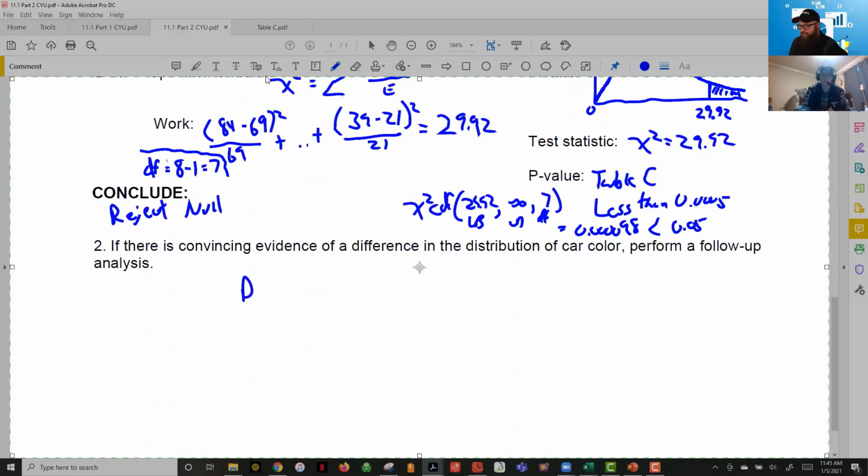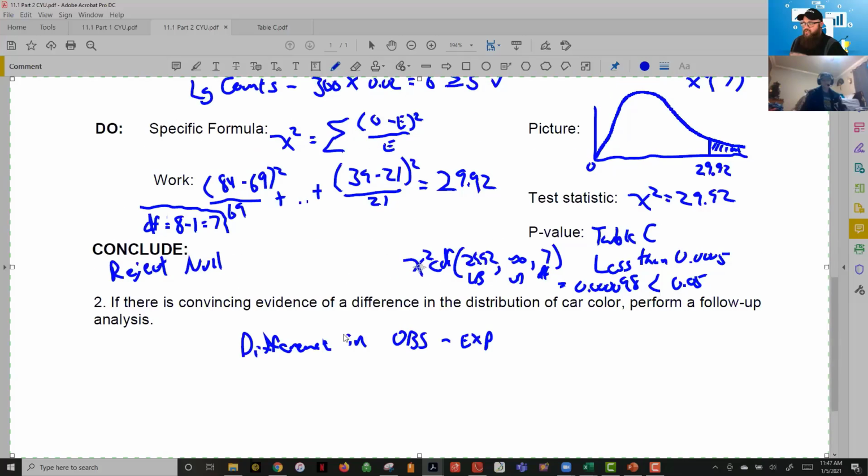Observed minus expected, okay? So that's all it's really looking for, is trying to show what was the biggest contributing factor to coming up with your conclusion.